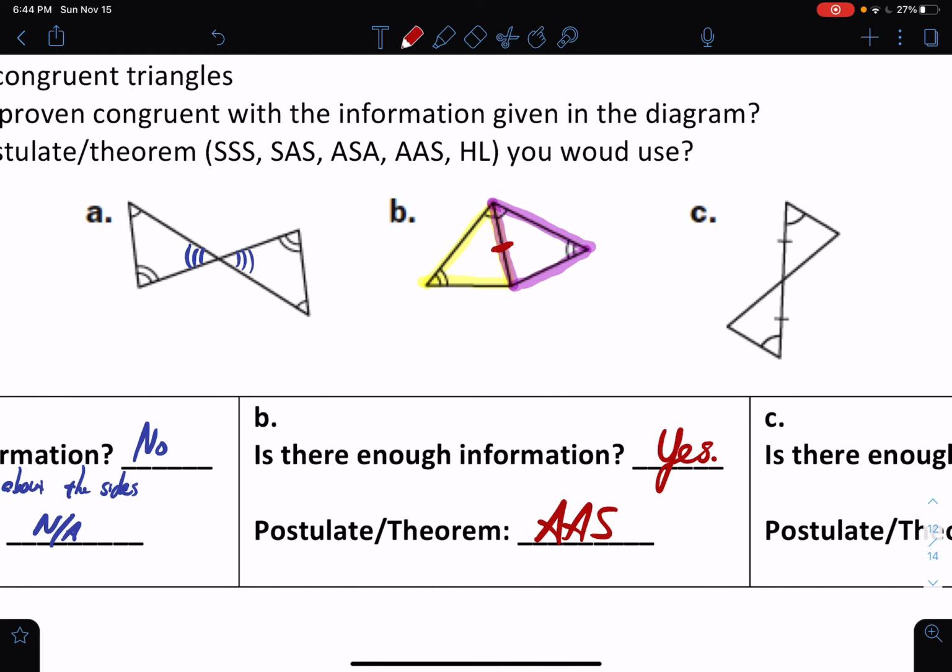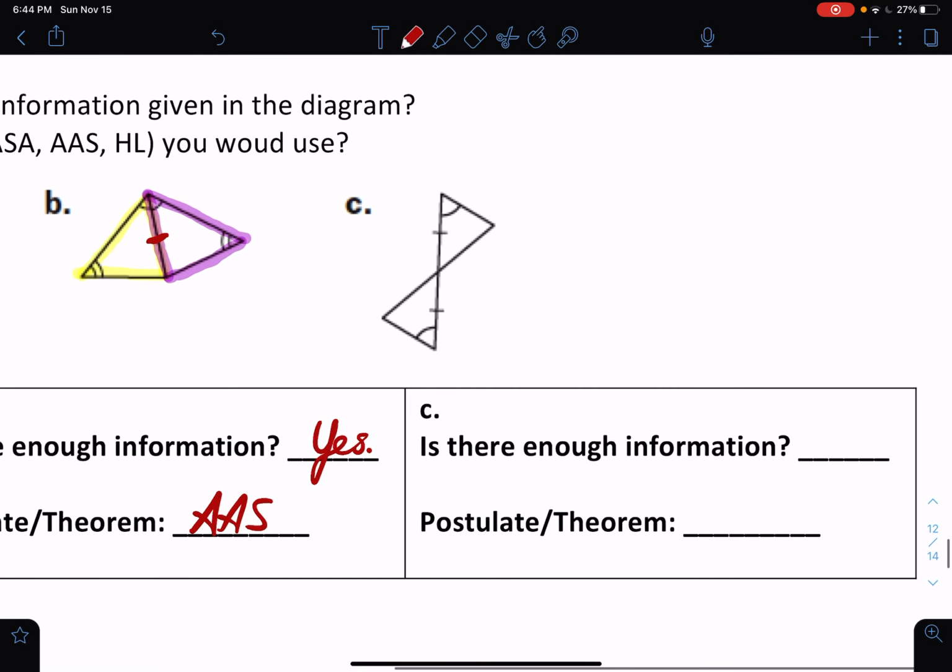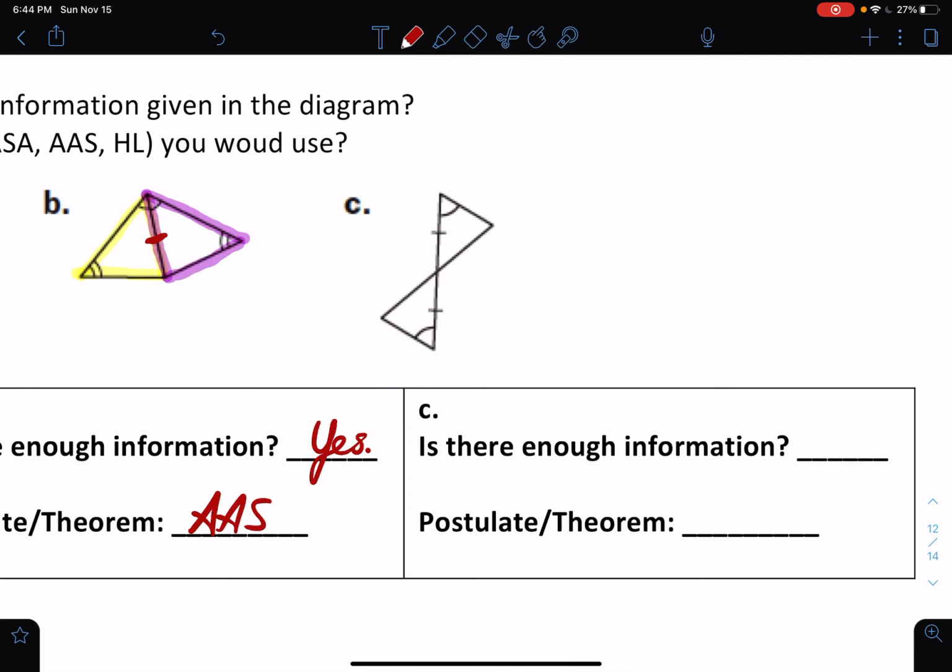All right, then we get to, let me scroll down, part C. Check this out for a quick second. Try to figure out if these two triangles are congruent and why. So we've got an angle that matches up. We've got a side length that matches up. Anything else? Well, whenever we see vertical angles, we want to include those.